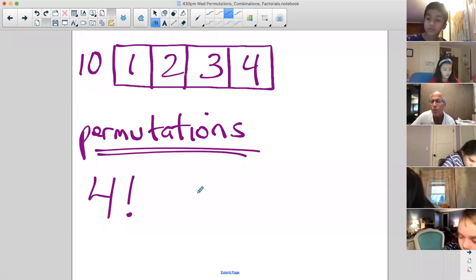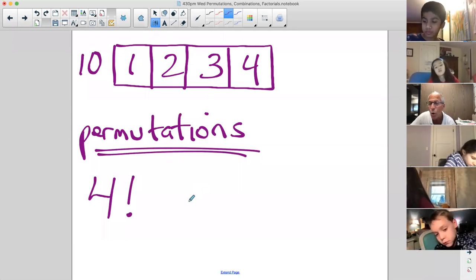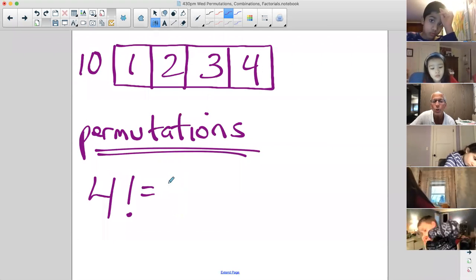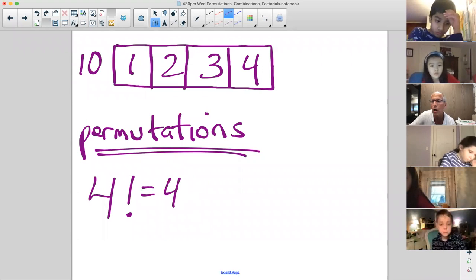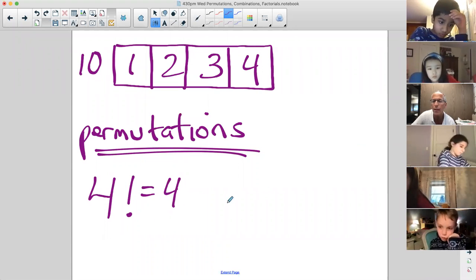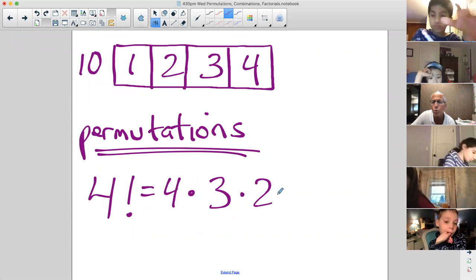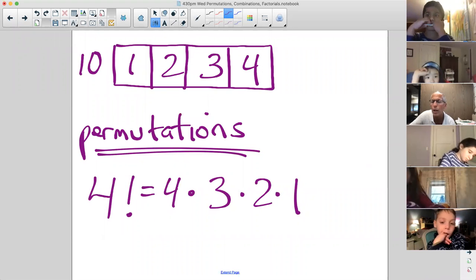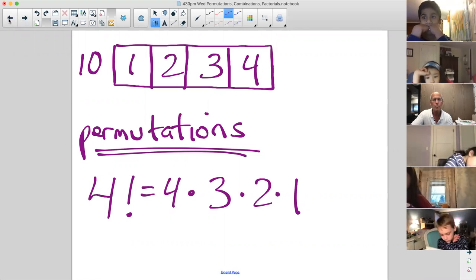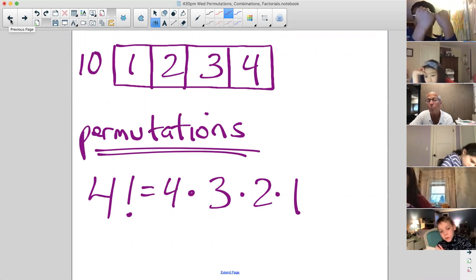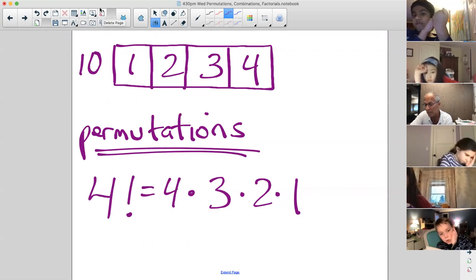All right. Now, 4 factorial. Who was able to do 4 times 3 times 2 times 1? Are you writing this down on page 1? Some people are writing it on page 1. Some people are writing it on a blank piece of paper.